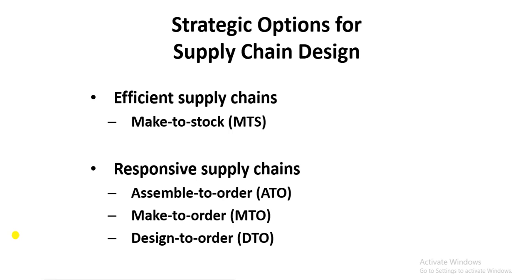Moving on, there is the other category of supply chain designs, which is called the responsive supply chains. As the name is very clear, responsive means you are giving a good response to the changing needs of the customer.